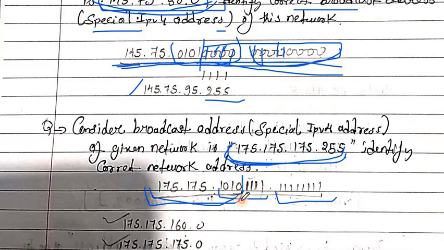As we see, in this string all bits are ones, and ones mean this is a broadcast address. So if we reverse these bits, meaning we set them to 0, then this becomes a network address. After switching, we see that 175 and 1010 will become 165.